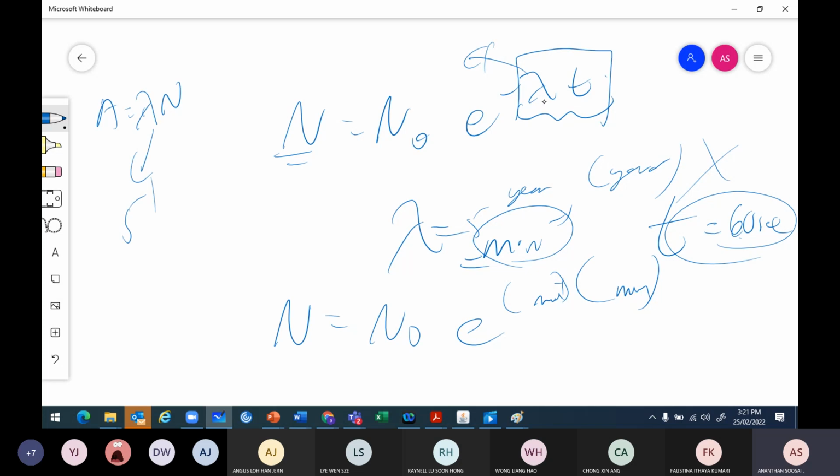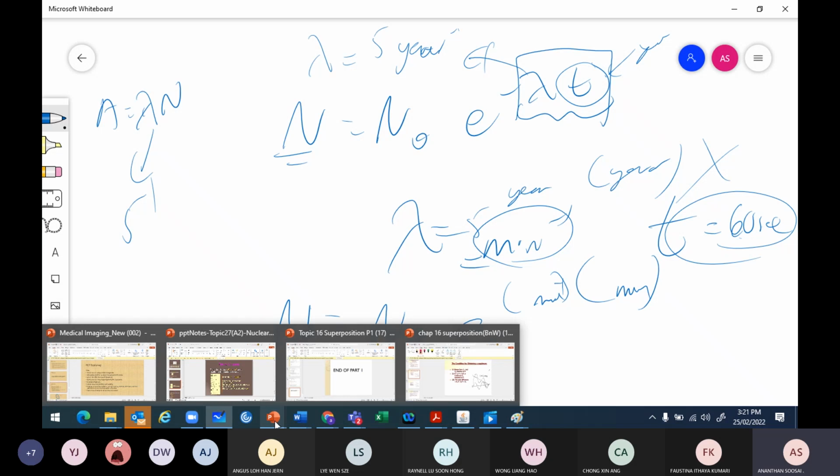With lambda t, you can use per year if you want. If the question gives lambda as 5 per year, then t you have to put in years. That's all. So hope you got the idea.